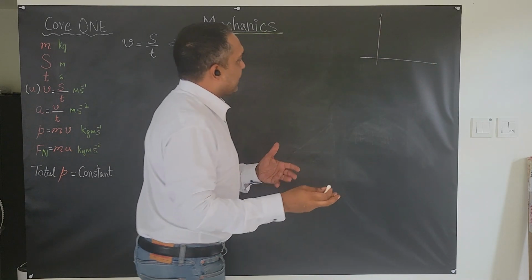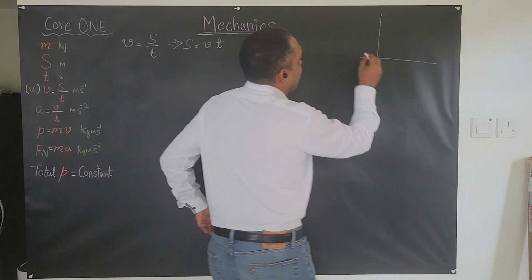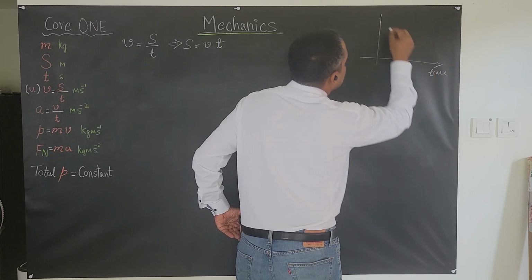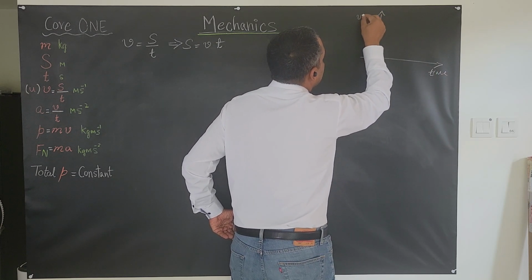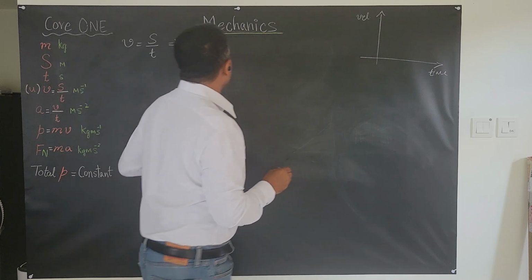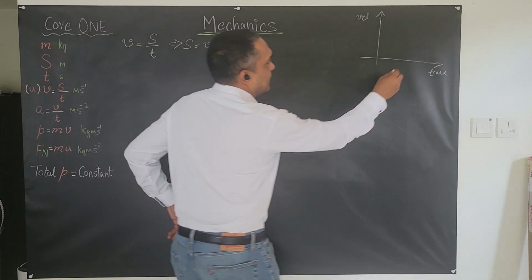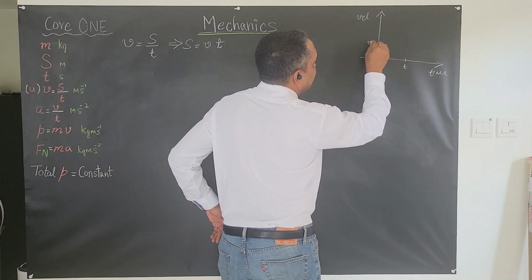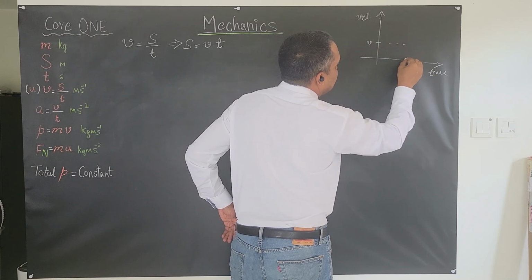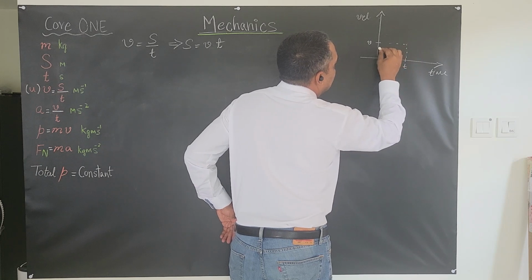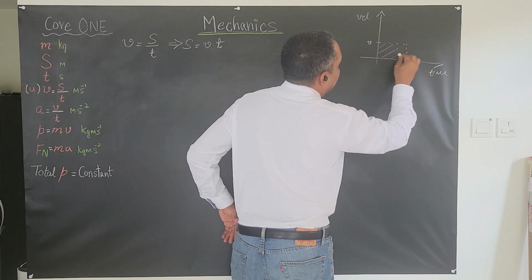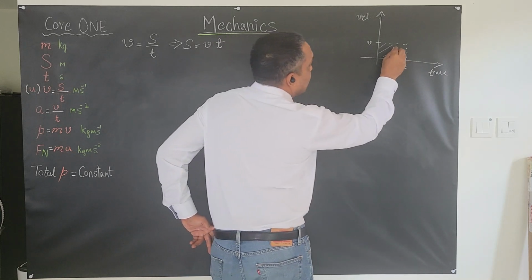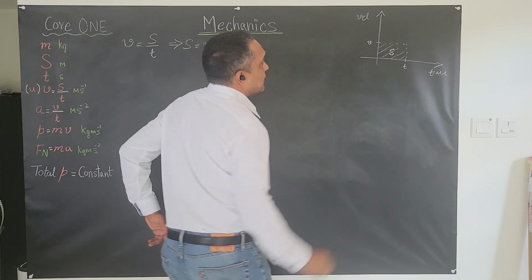I call it the graphical side of mathematics. And if I did this, and I had, say, time on this axis, and I had, say, velocity on this axis, this can be represented here at any given time t and a given velocity v. I could now say the area of this rectangle is effectively distance.